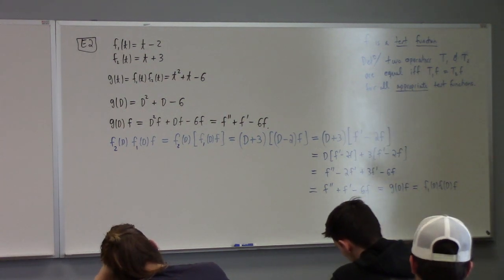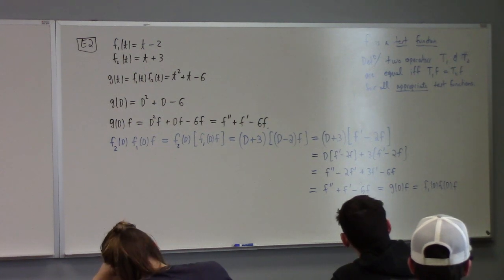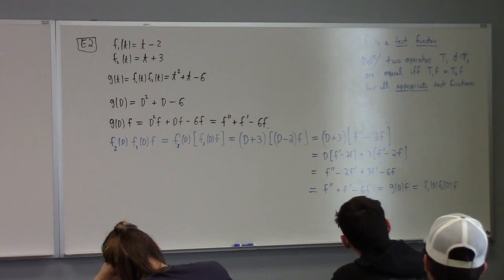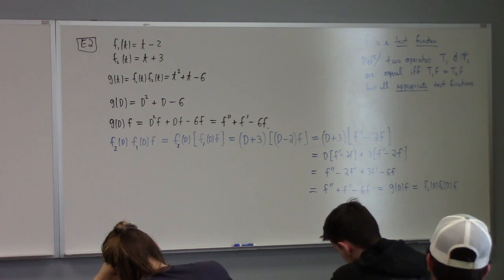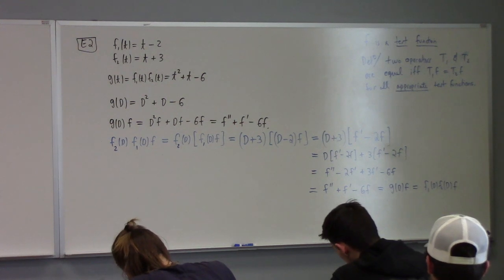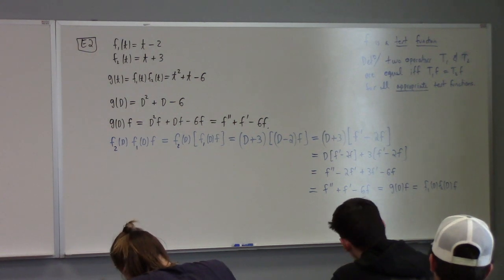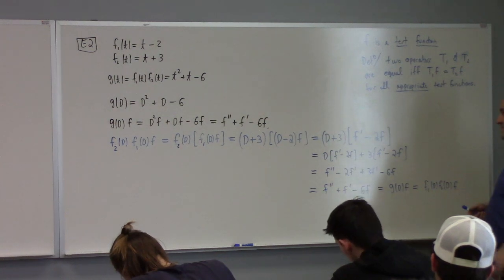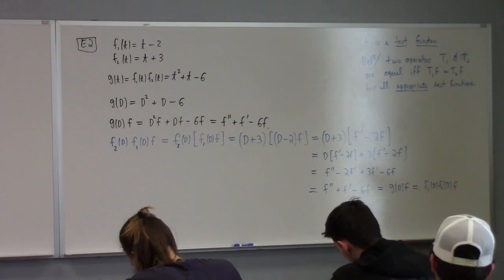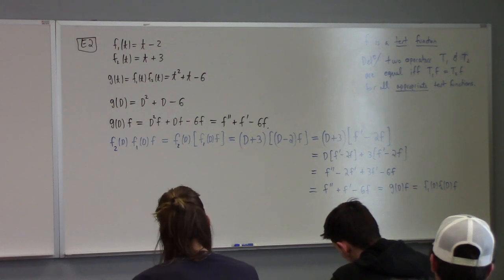Now, I threw that weasel word in there for you, appropriate, because different operators have different contexts, right? If we're talking about differential operators, surely we don't want to look at functions which can't be differentiated. So for our current context, we should probably limit the scope to smooth functions, functions which we can differentiate as many times as we like. If we can prove these identities hold for smooth functions, then it proves that these are equal operators in the realm of smooth functions.